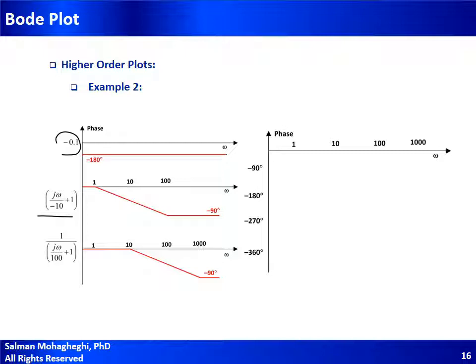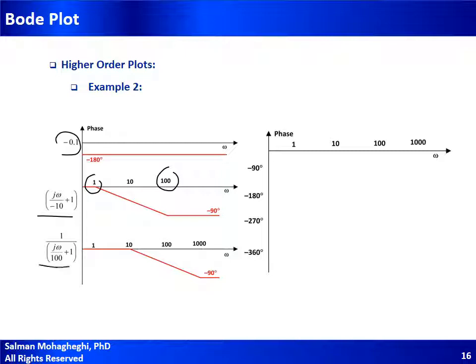So the slope is going to be negative, as opposed to all the zeros who are in the left half plane with a slope of positive. So here the breakpoints are going to be 0.1 times 10, which is 1, and 10 times 10, which is 100. Before 1, we get 0; for higher than 100, we get negative 90 degrees. In between, we get a straight line with a slope of negative 45 degrees per decade.